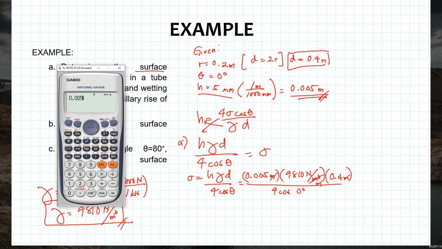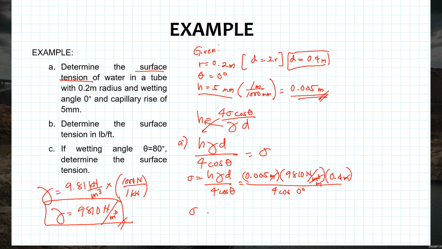So 0.005 times 9810 times 0.4 over 4 cosine of 0 gives 4.905. Sigma is 4.905 Newton per meter, since meter will be cancelled out here.